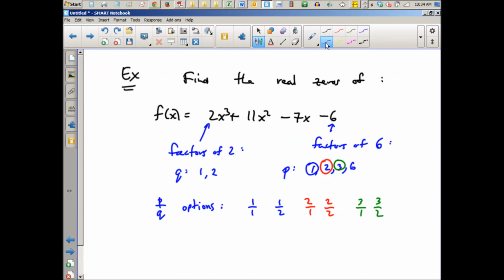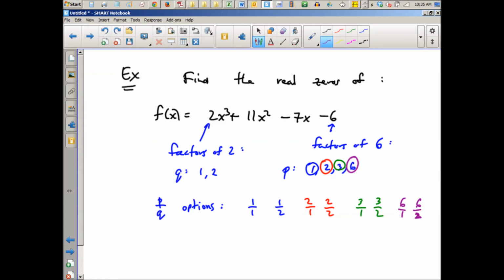Or lastly, the 6: 6 over 1, 6 over 2. So basically I was dividing each of these p's by the 2 q values. So I came up with a total of 8 different options. All right, fair enough.